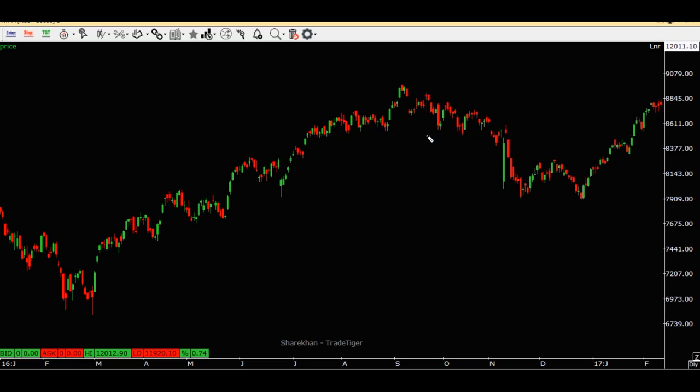So here's one. Here's the left shoulder, here's the head, and here's the right shoulder, right? So my entry will be on the break of the neckline.